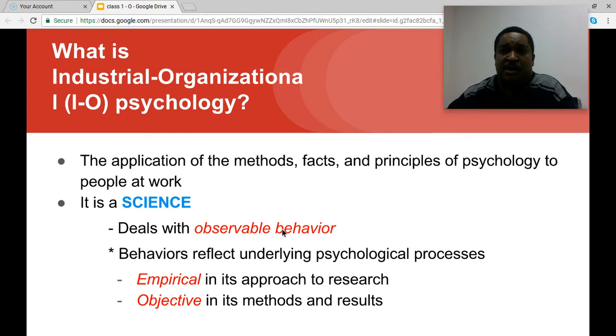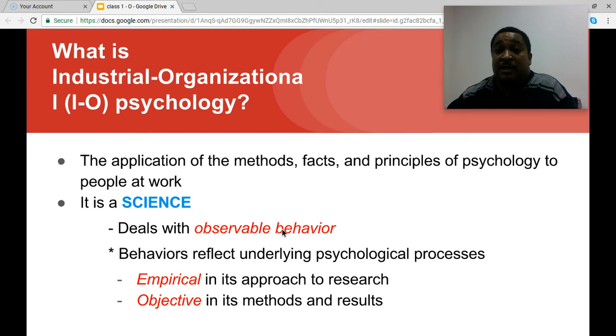So the things that we're going to be learning aren't just hypotheses or someone's ideas. I'll give you an example. In a factory, it's probably good to have proper lighting. This is something that logically makes sense.